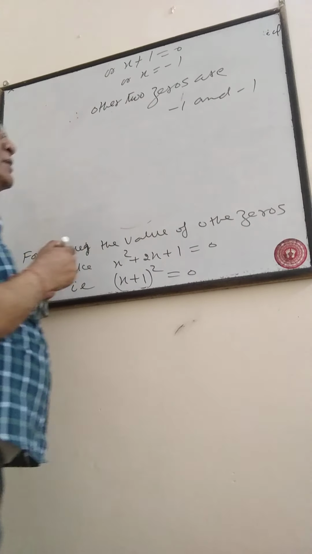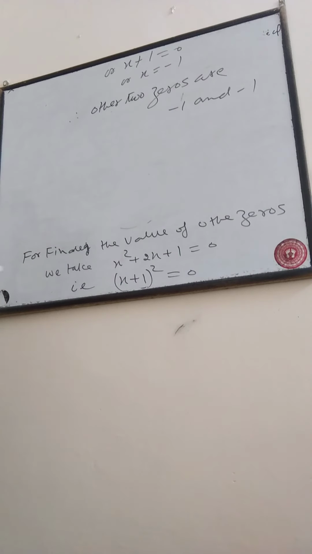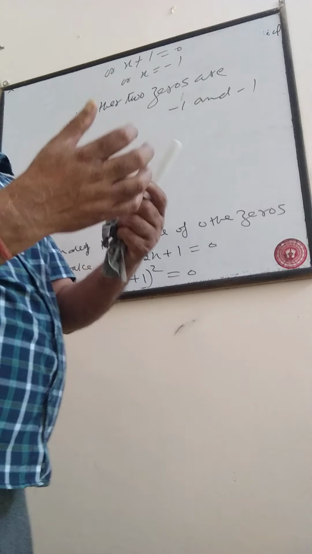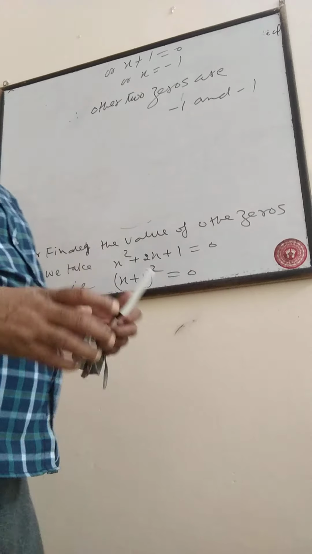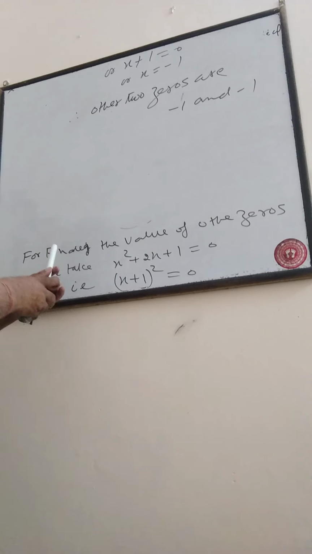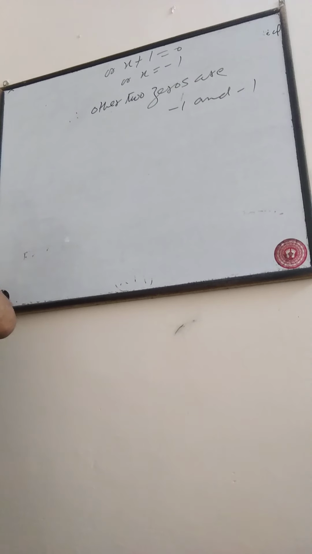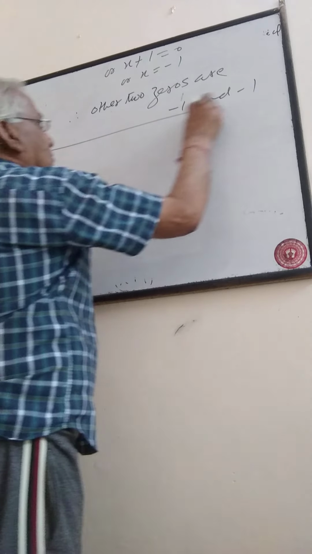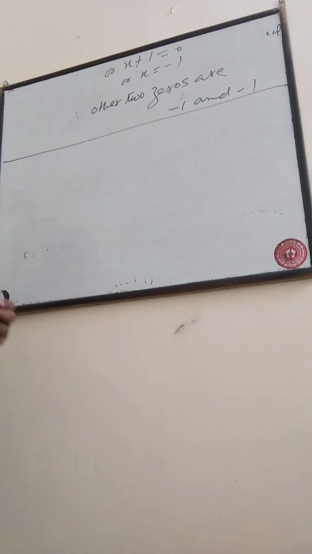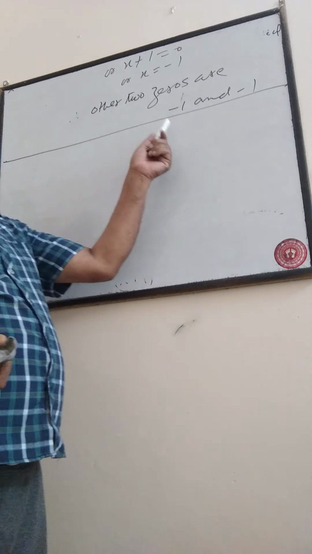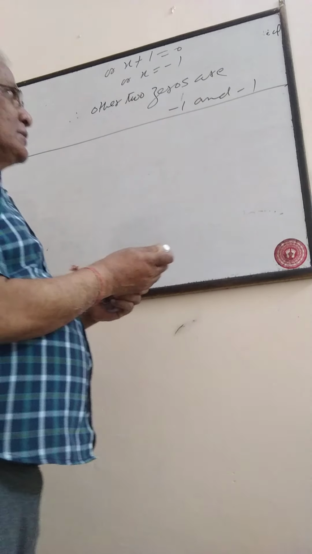Both are the same because you have got a whole square here. x plus 1 whole square equal to 0 means x plus 1 into x plus 1 equal to 0. So x equal to minus 1 and x equal to minus 1 according to both brackets. So here you have found the two other zeros of this polynomial as minus 1 and minus 1, and this is the answer.